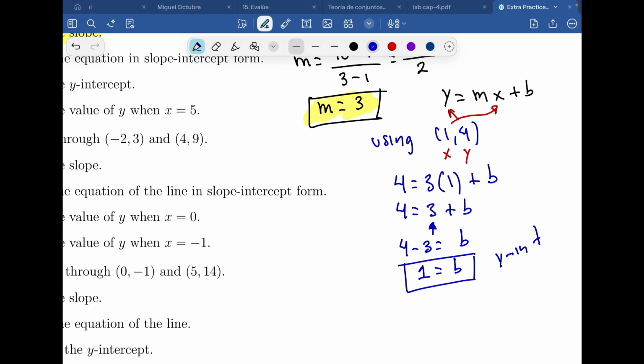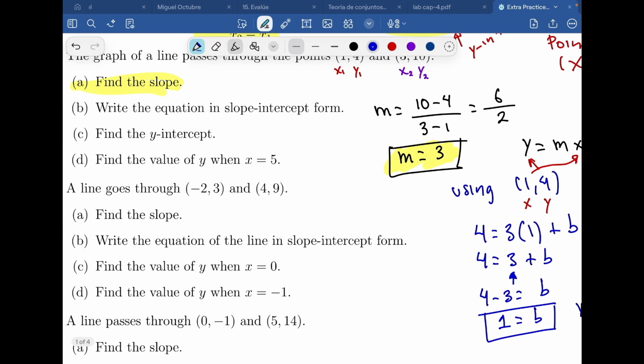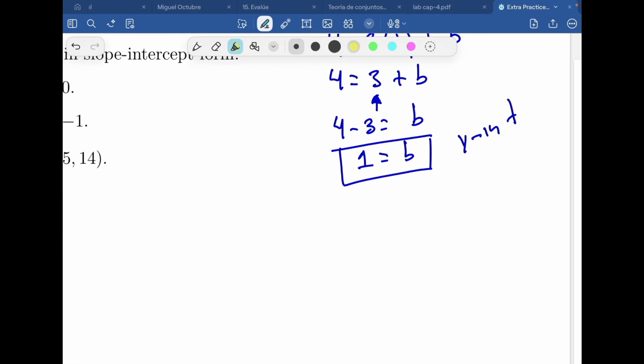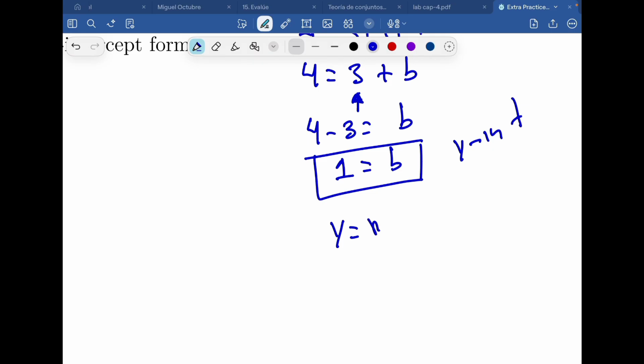Okay, so we can write down the equation, because remember, this says to write the equation in the slope-intercept form. We need, remember, the equation y equals mx plus b. What is m?